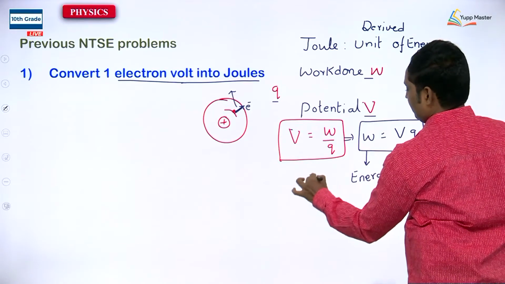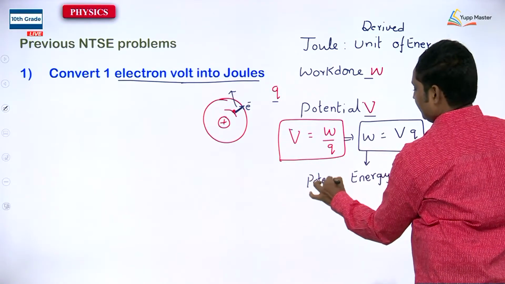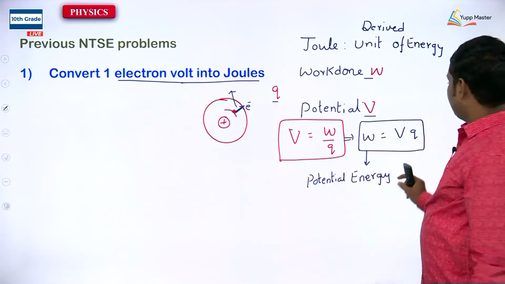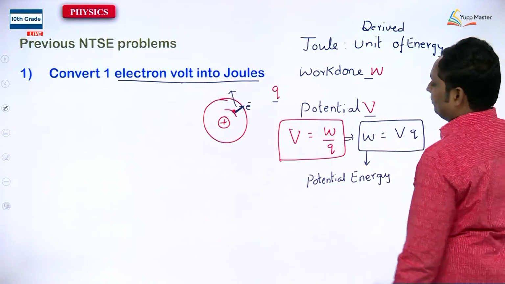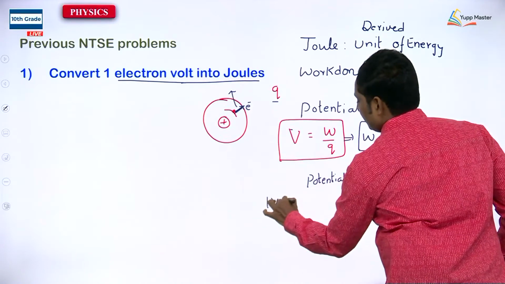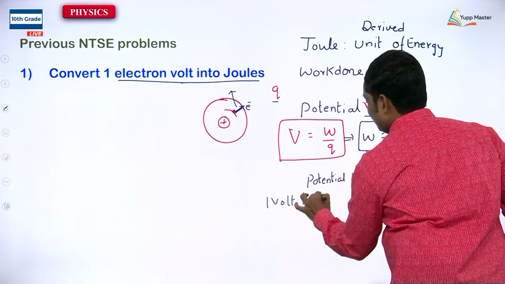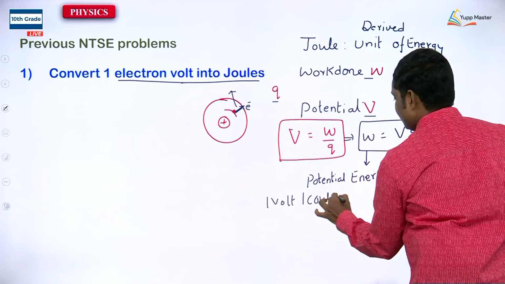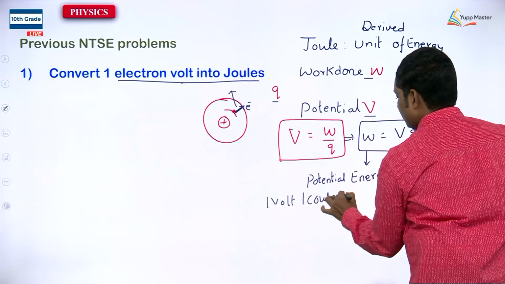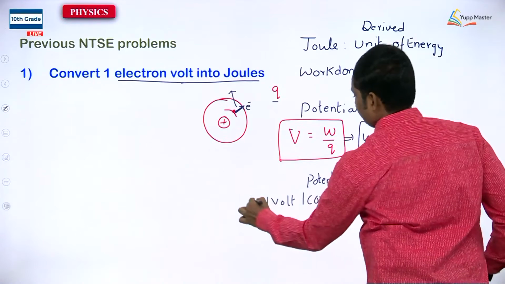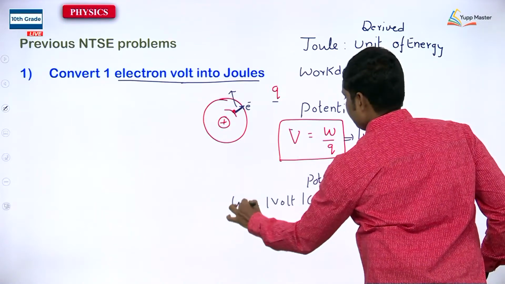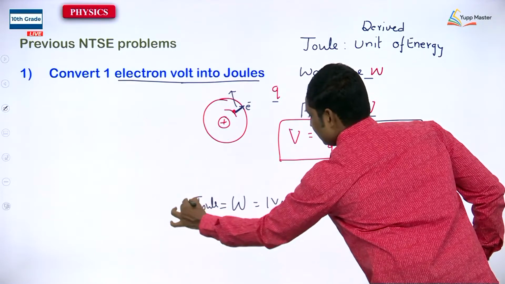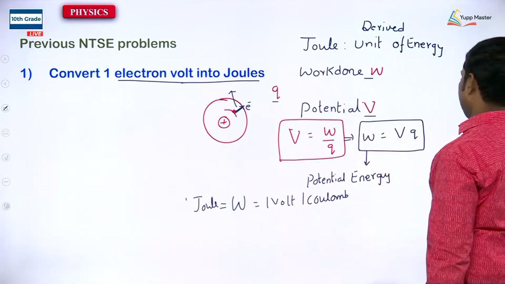It is going to be equal to potential energy. So, you have taken that 1 volt, 1 coulomb. This is very clear, this is equal to joule.